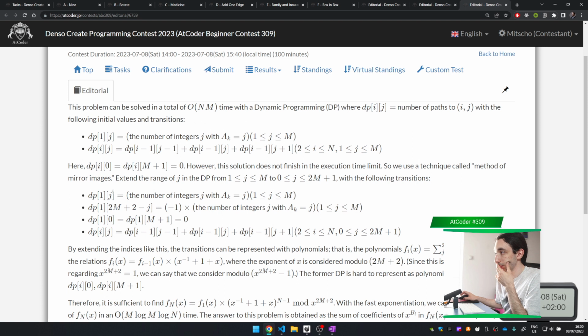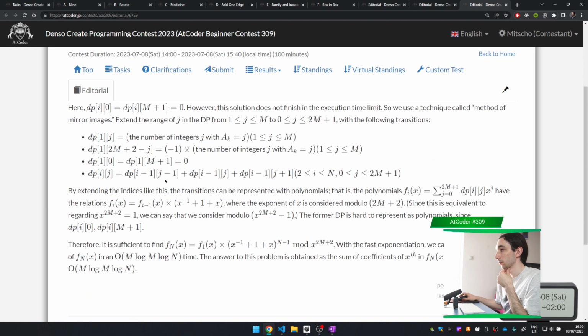I have to look up this method of mirror images again. Okay, it doesn't matter.